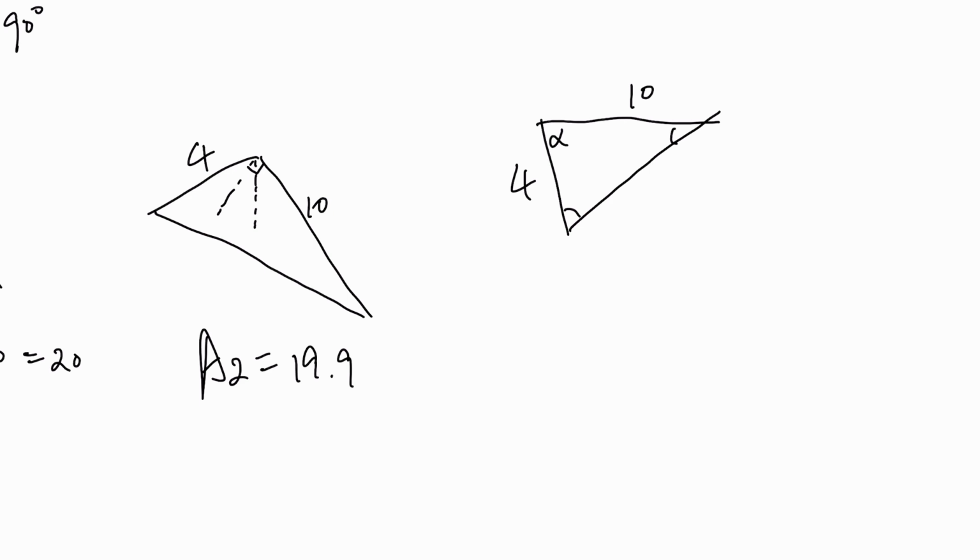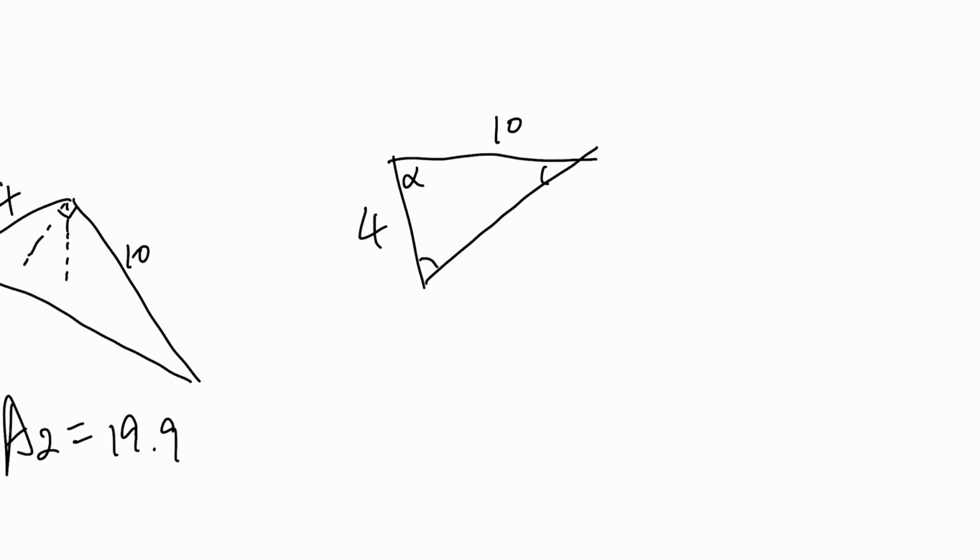Now, let's think about it. If all of these are acute, then what would happen? Which would have the largest angle? Right now, we're considering alpha to be less than 90 degrees.